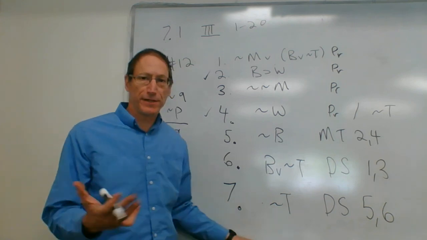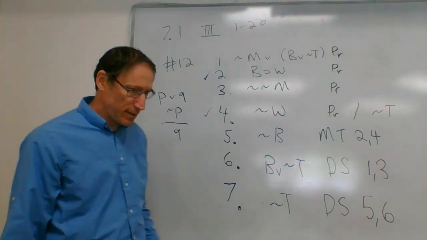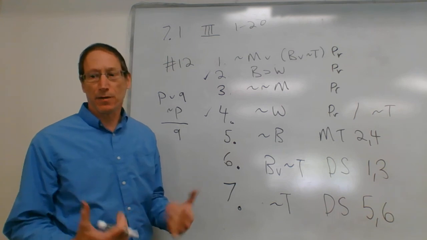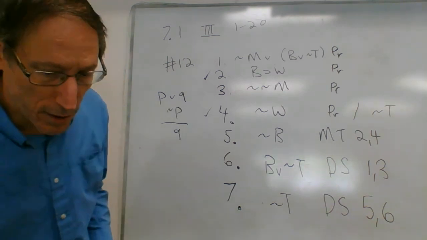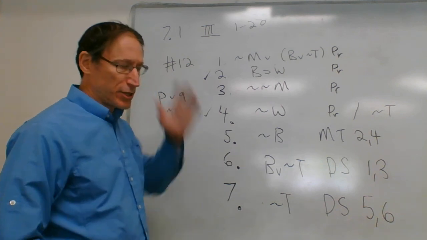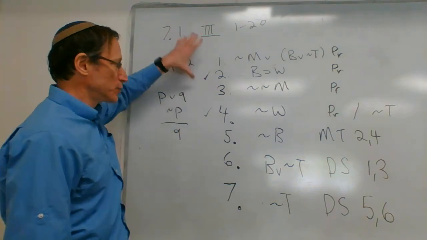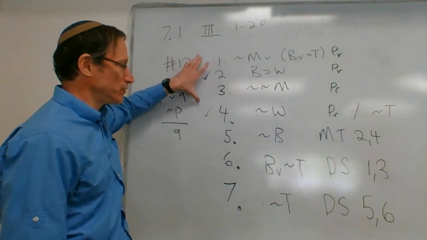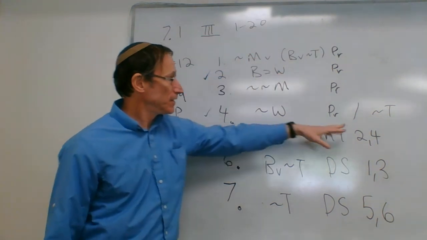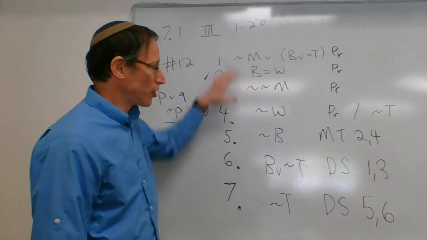Now, I just want to point out that the proof method, in a way, is a lot nicer and more pleasant to use, in the sense that if you were to do a truth table, remember the truth table method, don't forget about that. The truth table method for doing proofs, you have M, B, W, and T. You have four simple components in this argument here, right?